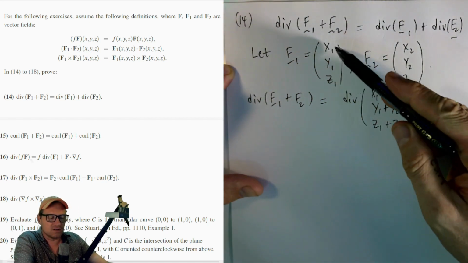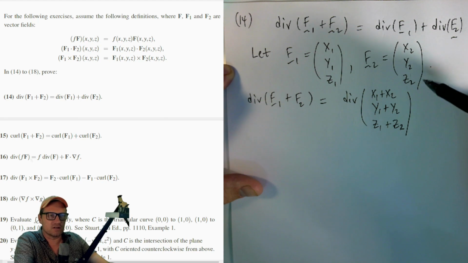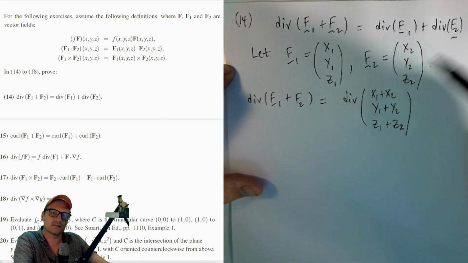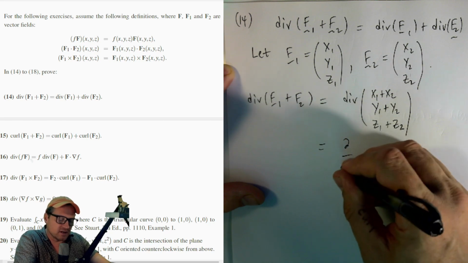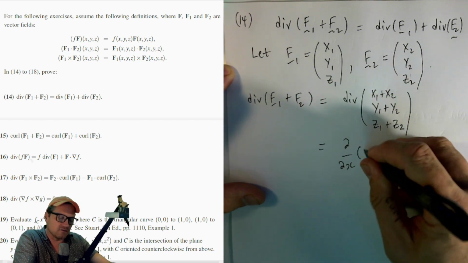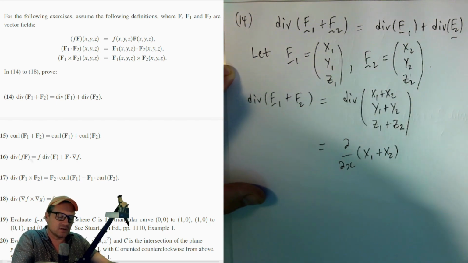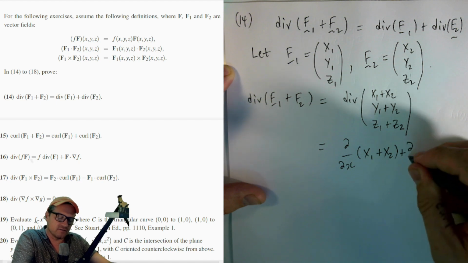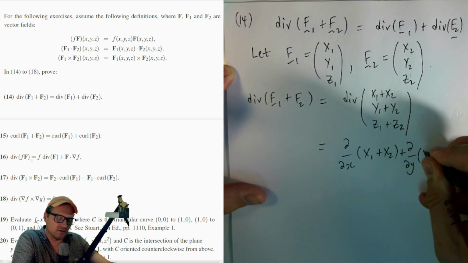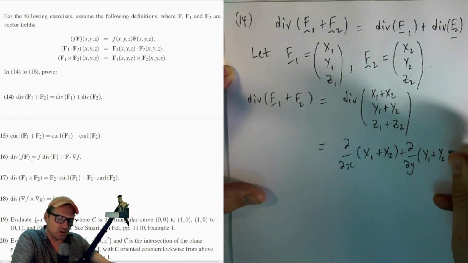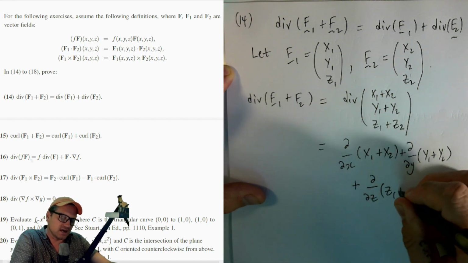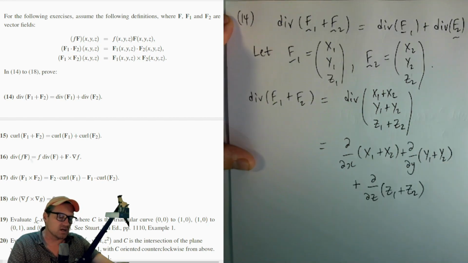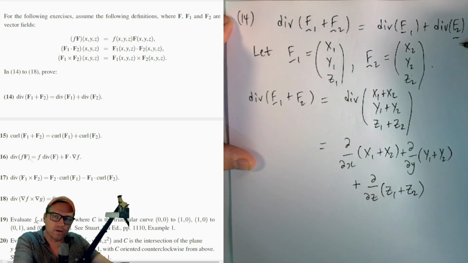So our assumption here is that these are functions of x, y, and z, lowercase. Okay, and so this is the derivative with respect to x of x1 plus x2, and then plus the derivative with respect to y of y1 plus y2 plus the derivative with respect to z of z1 plus z2. And so remember where you're going with this.